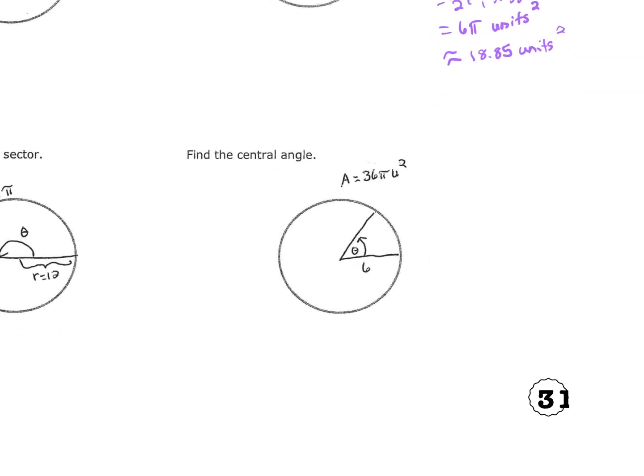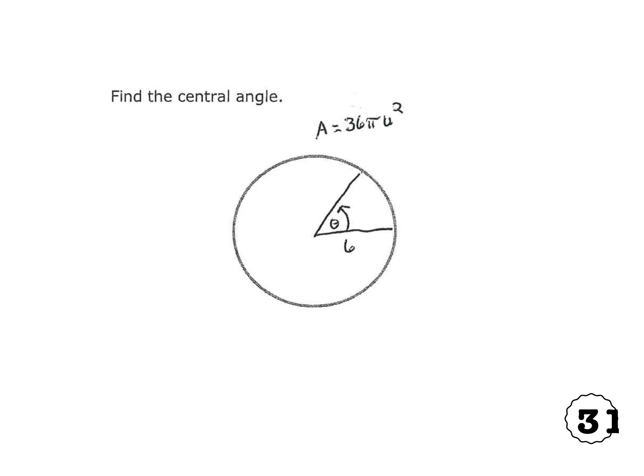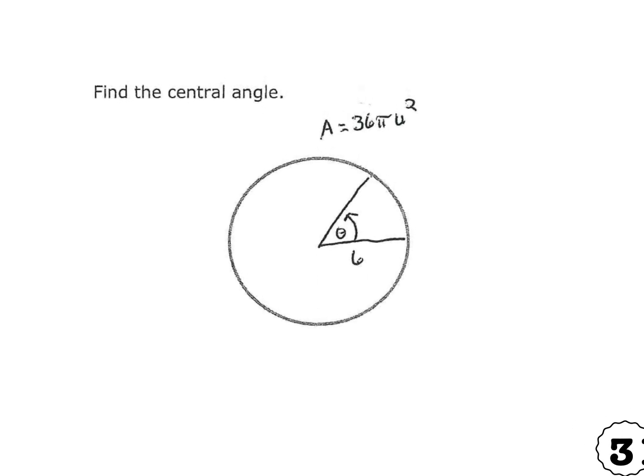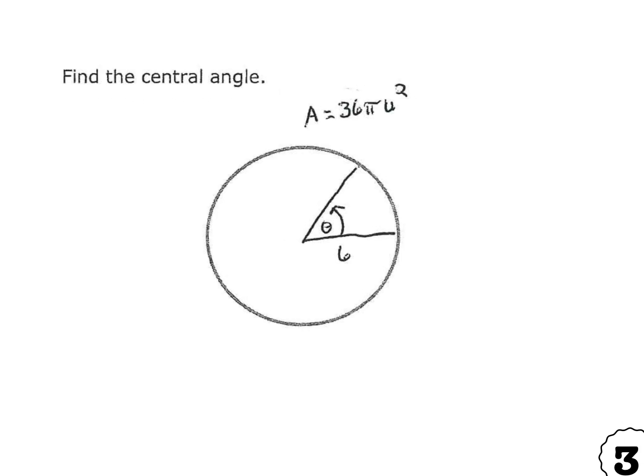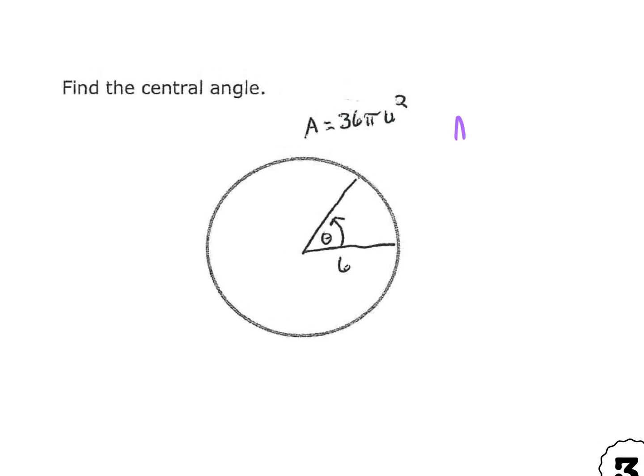Okay, last one here. It says find the central angle. So we're finding theta. We're given what the area is. So think about your formula: A is equal to 1/2 r squared theta. Let's plug in what we're given. So 36 pi is equal to 1/2 times 6 squared, which is 36, theta.